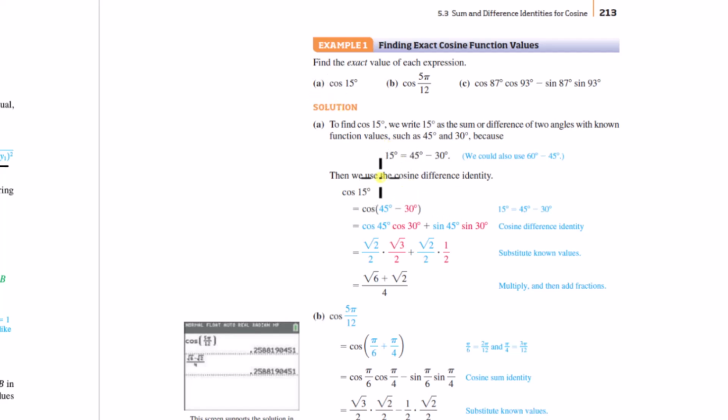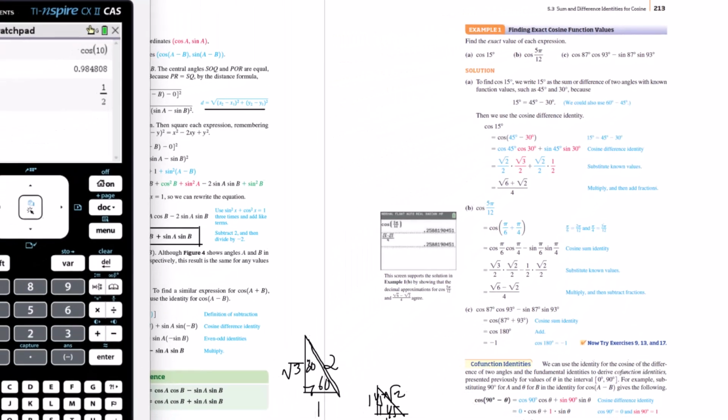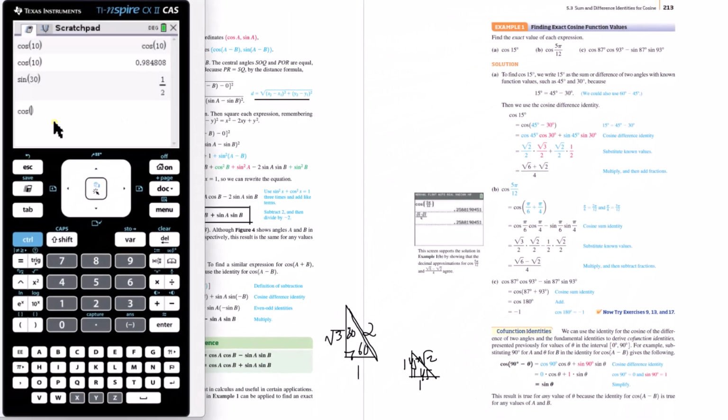So that means cosine of 15 is equal to cosine of 45 minus 30, right? Then you apply the difference identity to that, and there's an exact value for cosine of 15 degrees. And so if we come to the calculator, there you go. It gives you an exact value.